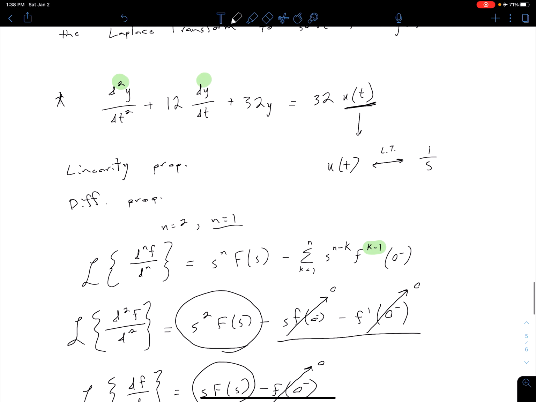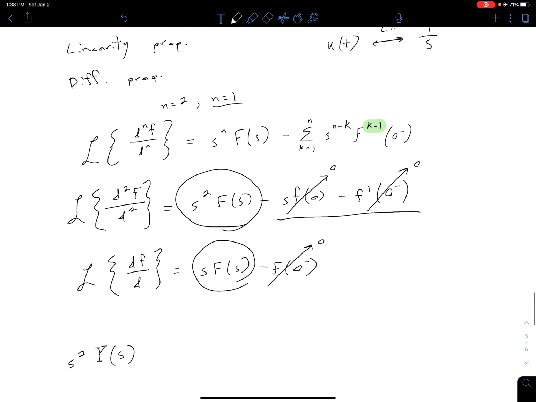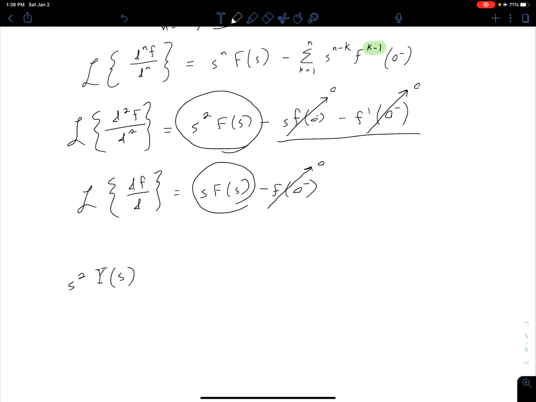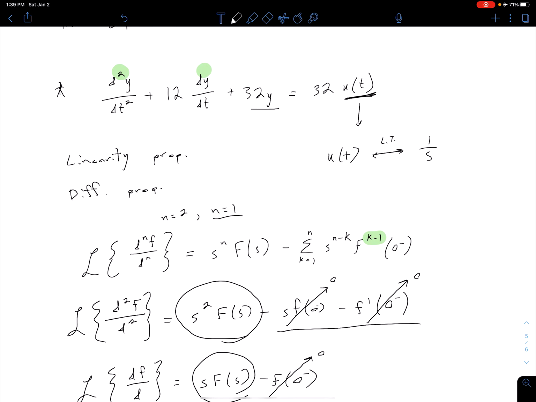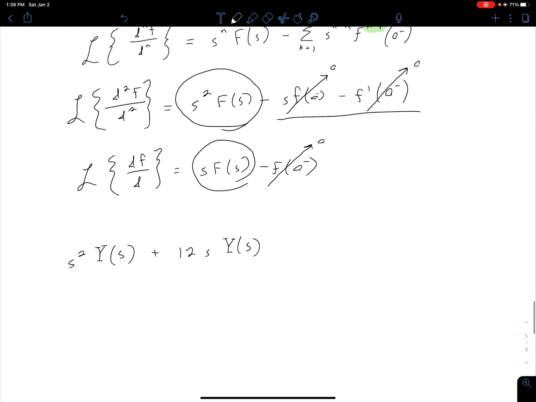Our second term, 12 dy dt, is just going to be 12 times s times F of s, but our f is now y, so we have plus 12s capital Y of s. Our next term is 32y, and from our linearity property that just becomes 32 times Y of s.